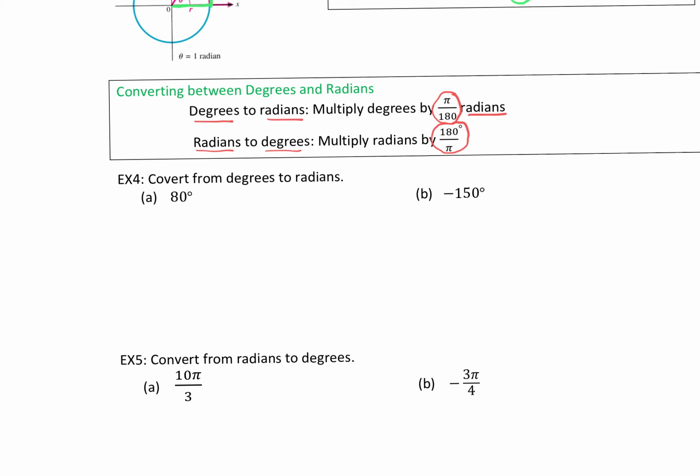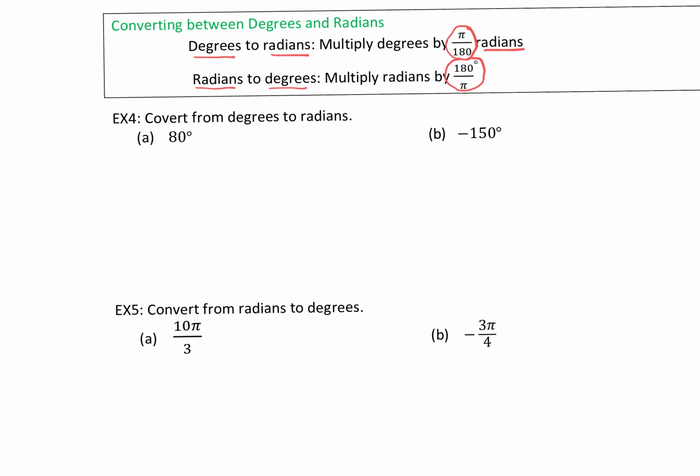In example 4, we're going to convert from degrees to radians. We have 80 degrees. I'm going to ignore the degree symbol and multiply that by pi over 180 to convert. This would be 80 pi over 180, and don't forget to reduce.